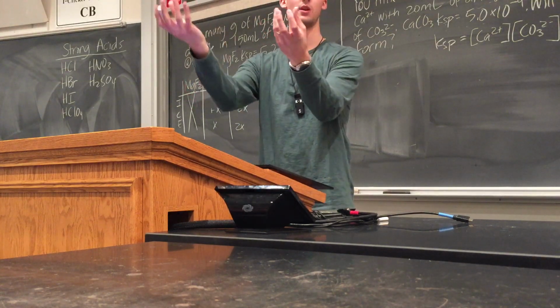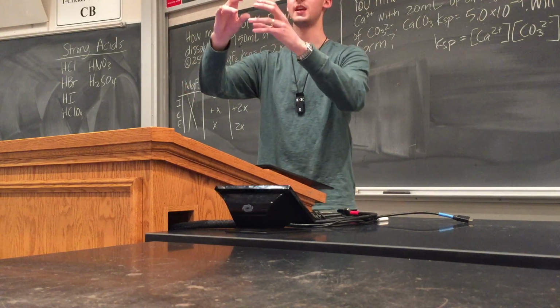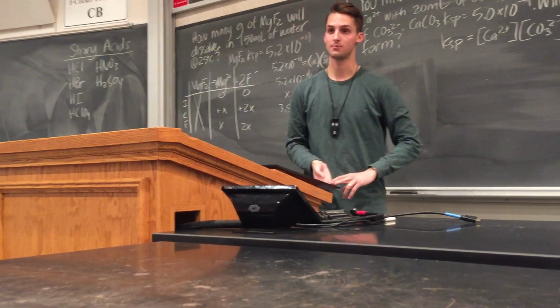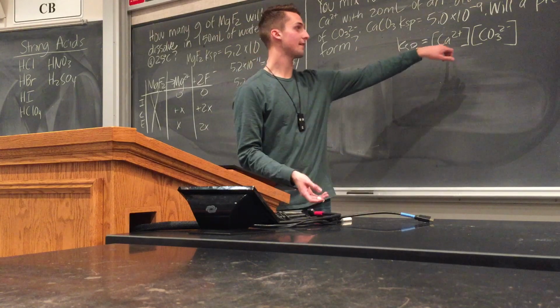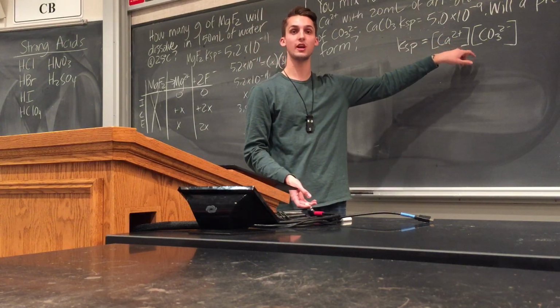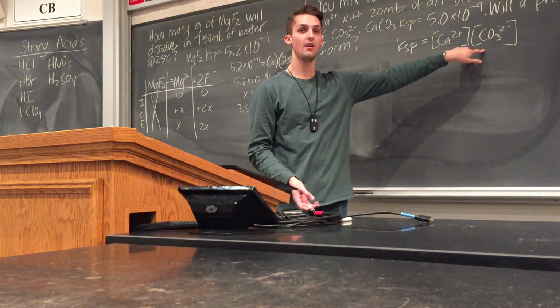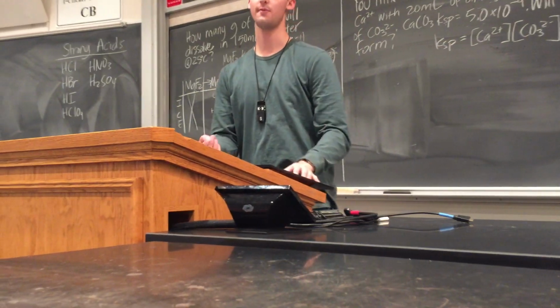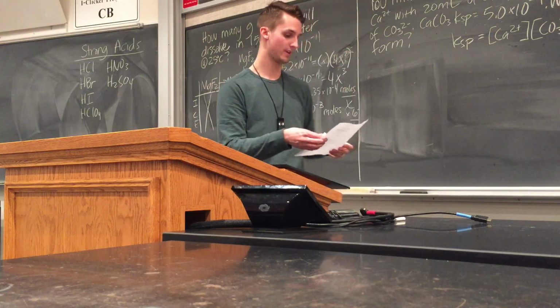One of calcium ions, one of carbonate ions, and I add them together. And I want to know if a precipitate forms. So what I have to do is find out what these concentrations are, okay? And then, depending on what this comes out to, we can see if it's going to precipitate or not. I'll show you how to do that, okay?